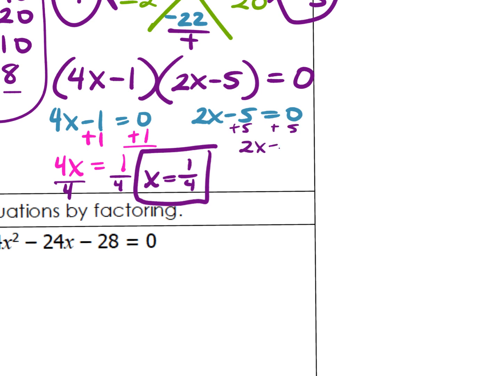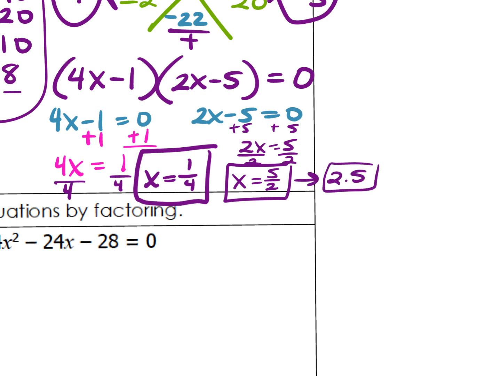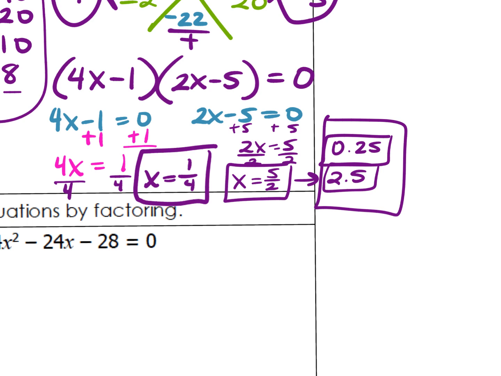So 2x equals 5, and then divide by 2. I would leave it as 5/2, but you don't have to. If you want to write that as 2.5, that's fine too. Okay, so if you wrote it as decimals, 0.25 and 2.5, you would get those two as your answer. If you write it as a fraction, there's your 2.